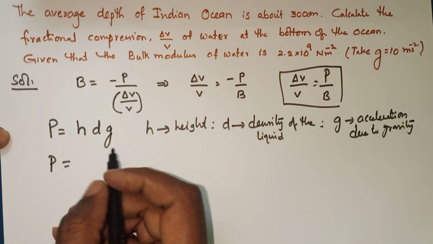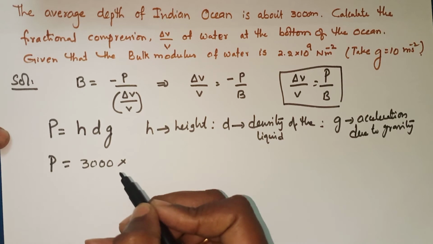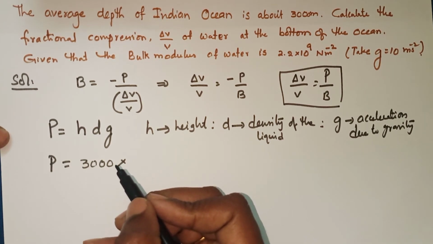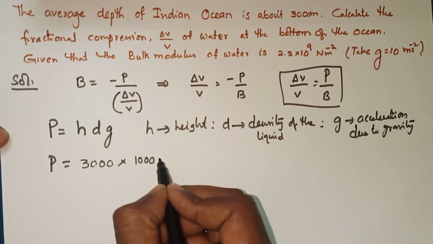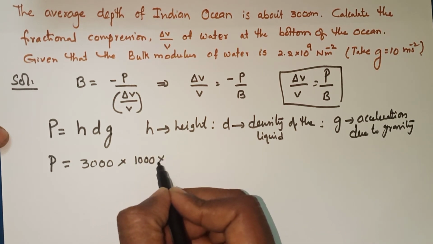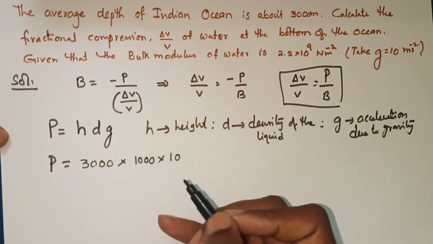Of course, h is given in the problem, 3000 meters. What is the density of the liquid? The liquid here is water. The density is 1000 kg per meter cube and gravity is 10.